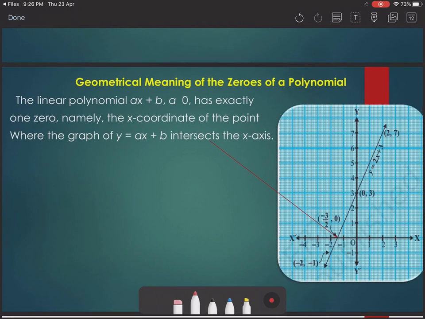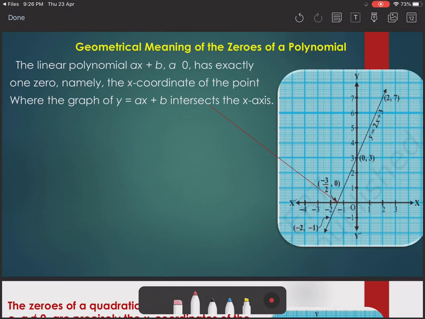Now, what do we mean by the geometrical meaning of zeros? There is some geometric meaning of the zeros of a polynomial. The linear polynomial ax plus b, where a is not equal to 0, has exactly one zero, namely the x coordinate of the point where the graph y is equal to ax plus b intersects the x-axis. Okay.